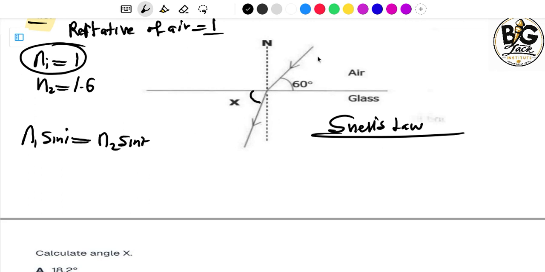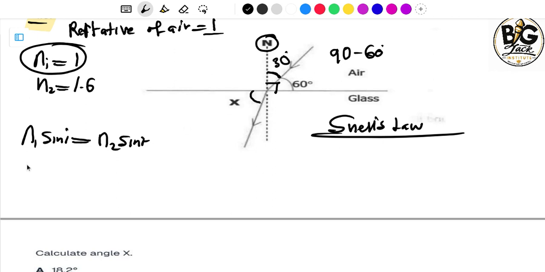The angle of incidence is created by the incident ray and the normal. So this is the normal line and this is the incident ray. It is created between the incident ray and the normal, which is going to be 30, isn't it? Where is that coming from? We know that this is 90 and this is 60, so we can just say 90 minus 60 to get this one here.